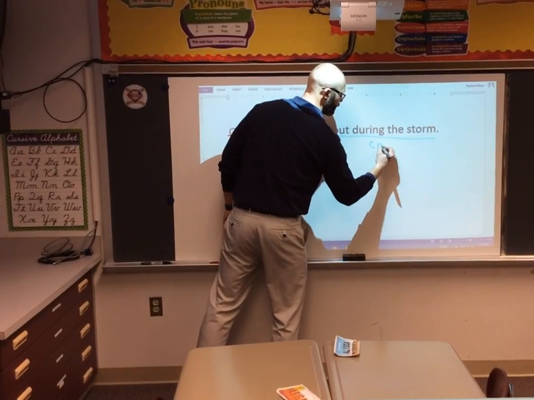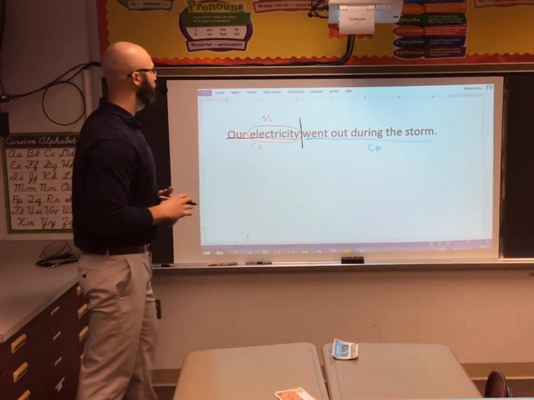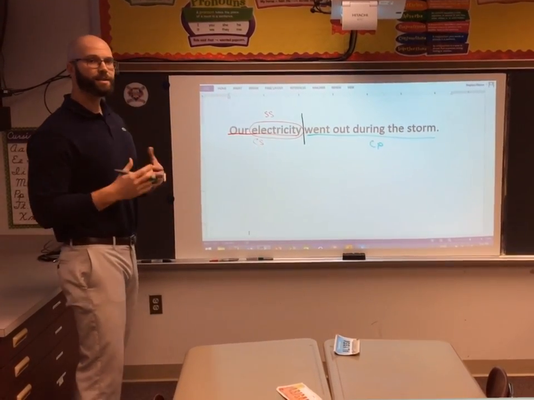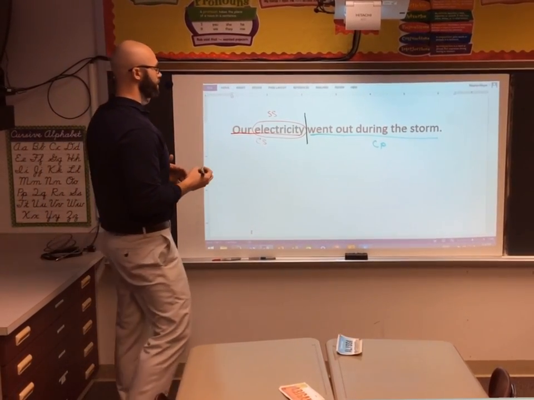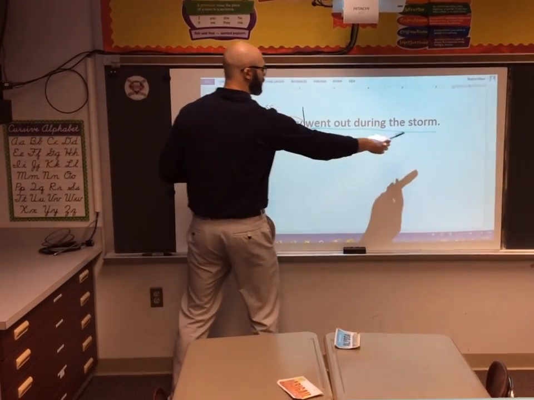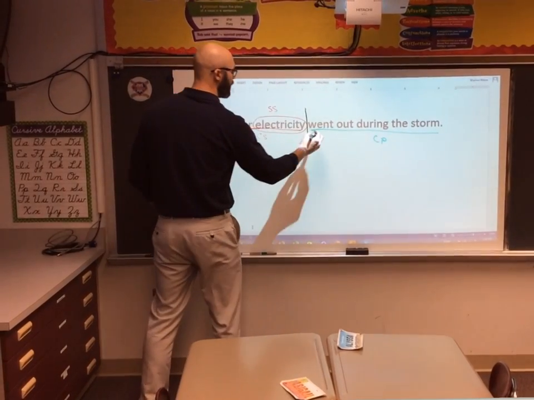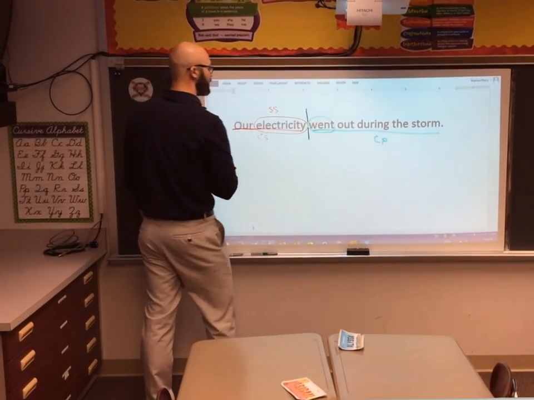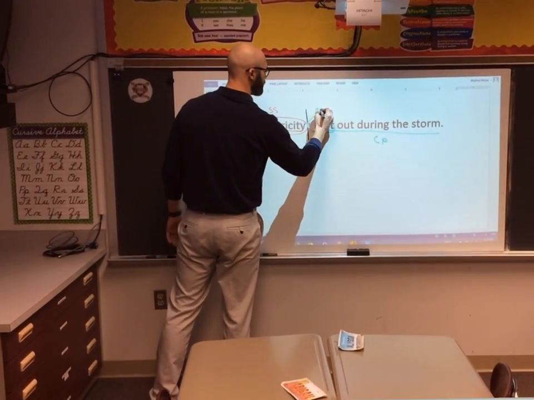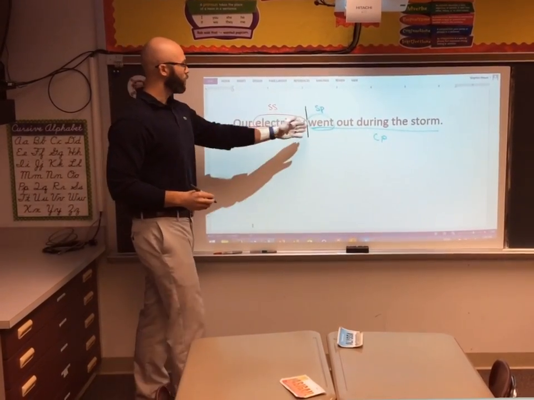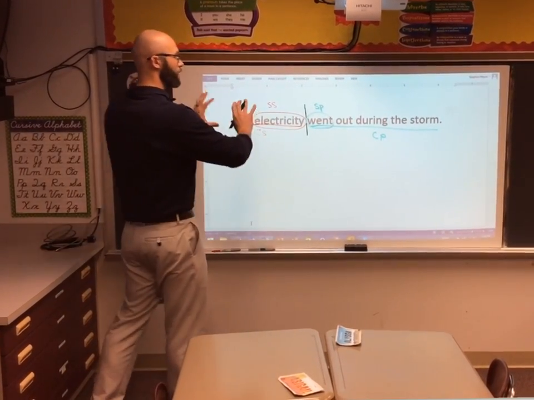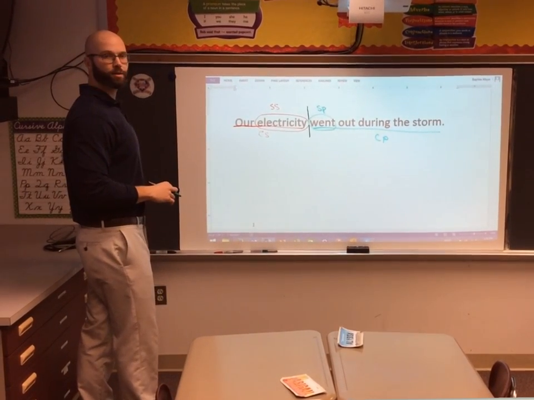So here you have your complete predicate, and you have 3/4 of this finished at this point. The last thing we need to do is look for the simple predicate, and the simple predicate is going to be a verb. So when I look over here, I know storm, the, during, out, they're not verbs, but went is. So this verb becomes our simple predicate. So now you have electricity as our simple subject, and went as our simple predicate, and we have our complete subject and complete predicate underlined.